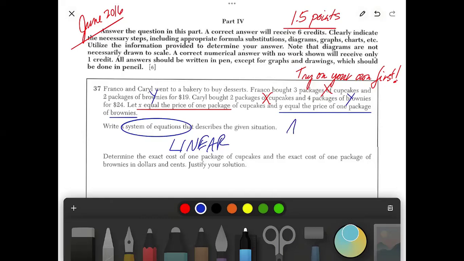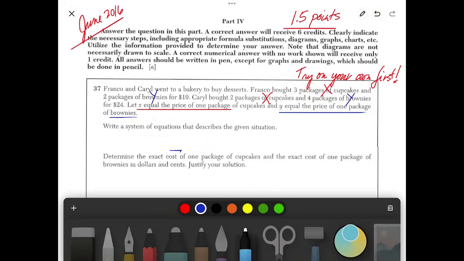You can see it in the standard form, ax plus by equals c, which is the most preferred way, or you might see it in the slope-intercept form, y equals mx plus b. So it's going to be one of those two. You're going to need to come up with 2 equations, either in standard form like this, or in slope-intercept form like that. Now let me erase this so we can come up with the equations.